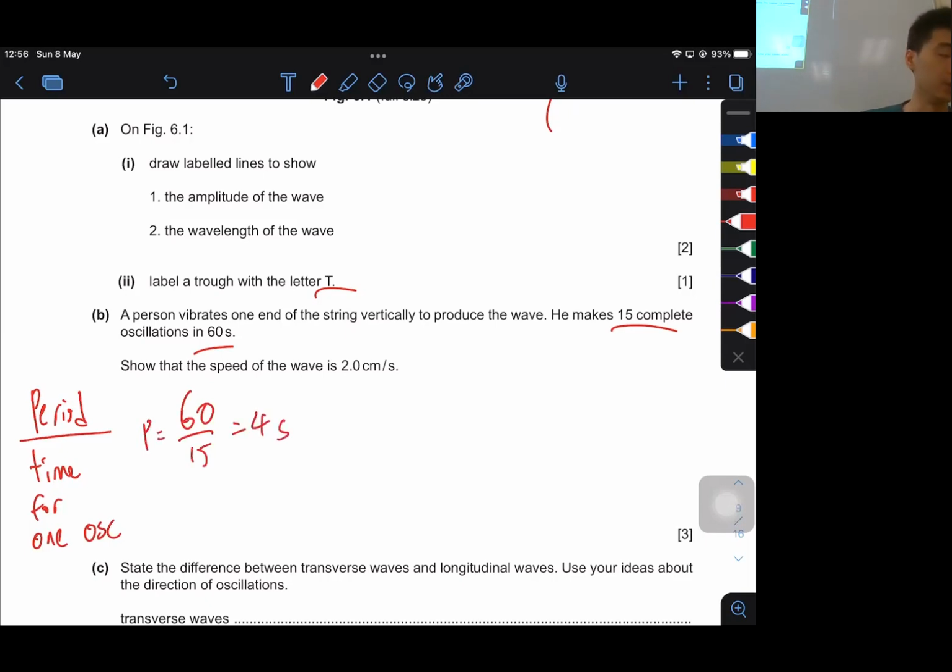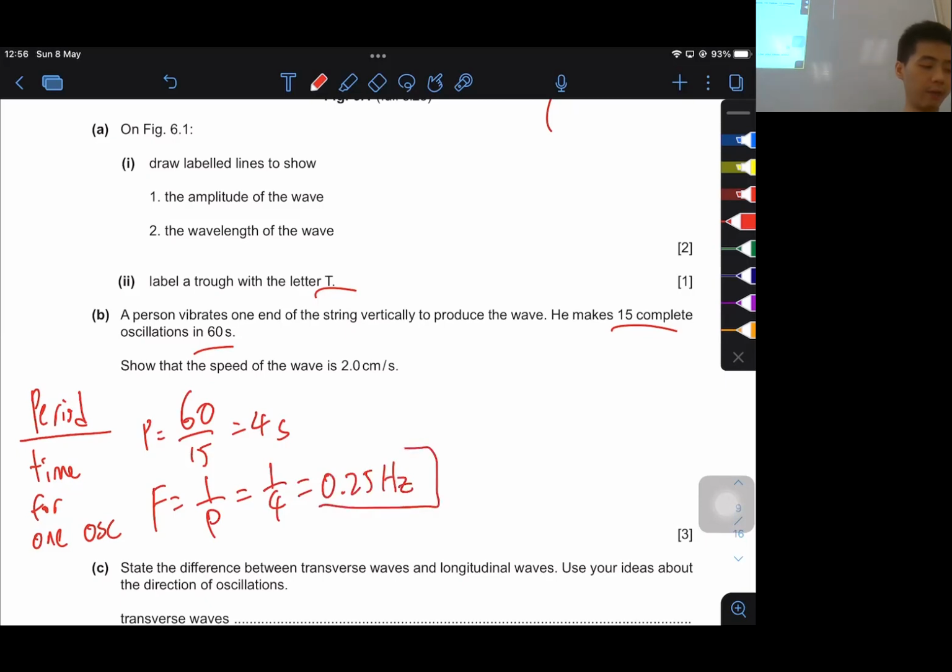From the period, you can find the frequency. What's the formula to get frequency from period? F equals to? No, from period. From the period, how do we find the frequency? Good, excellent. It is 1 over period. Frequency is 1 over period, which is 1 over 4, which is 0.25 hertz.